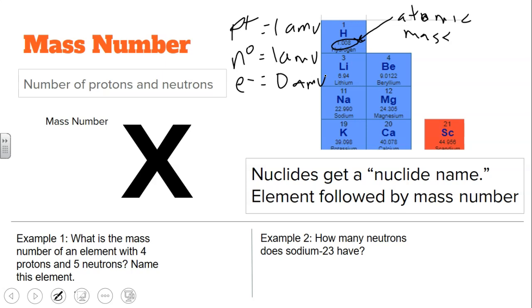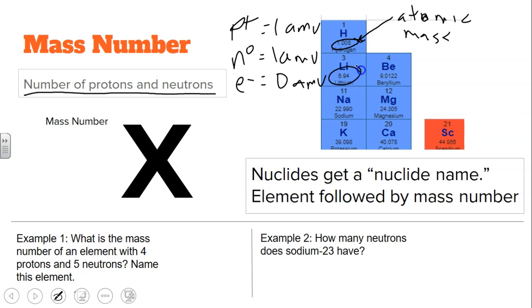And so a proton and a neutron can't be divided. So there's no way that a mass number, if it's actually the number of protons plus the number of neutrons, can be a fraction or a decimal. Okay, there's no such thing as 0.008 of a proton.